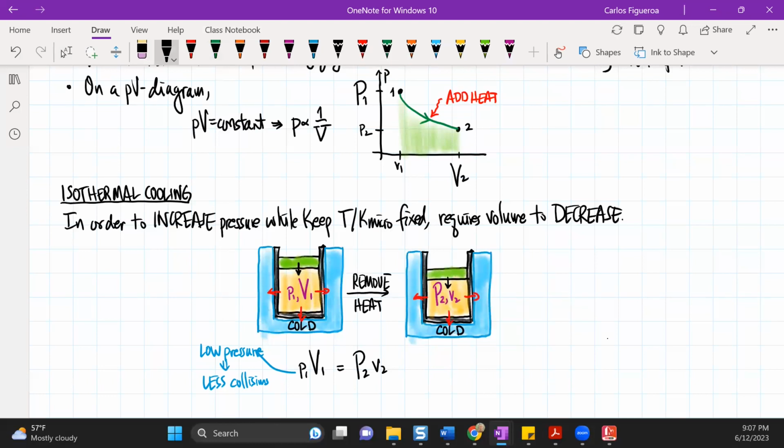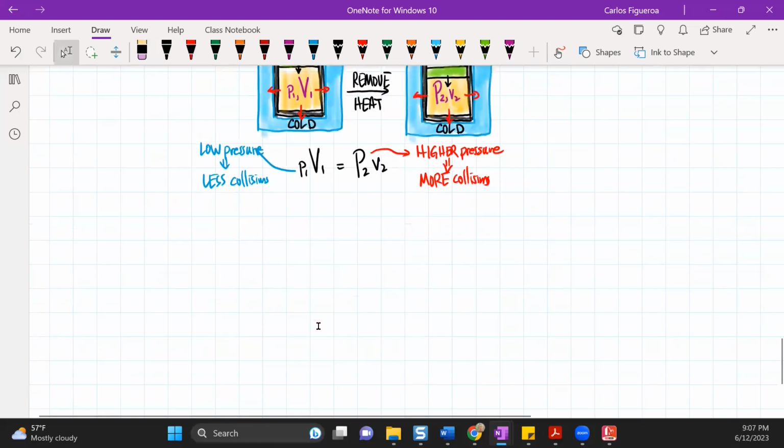So what you're seeing here, as the piston head moves down, you're finding then that the pressure has to be a higher pressure. And because it's a higher pressure, I have to have more collisions, even though the speed of the particles is the same.